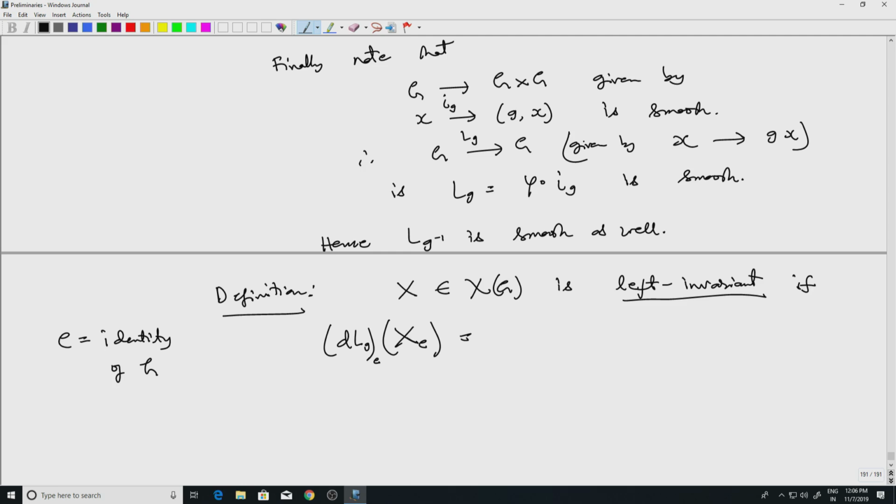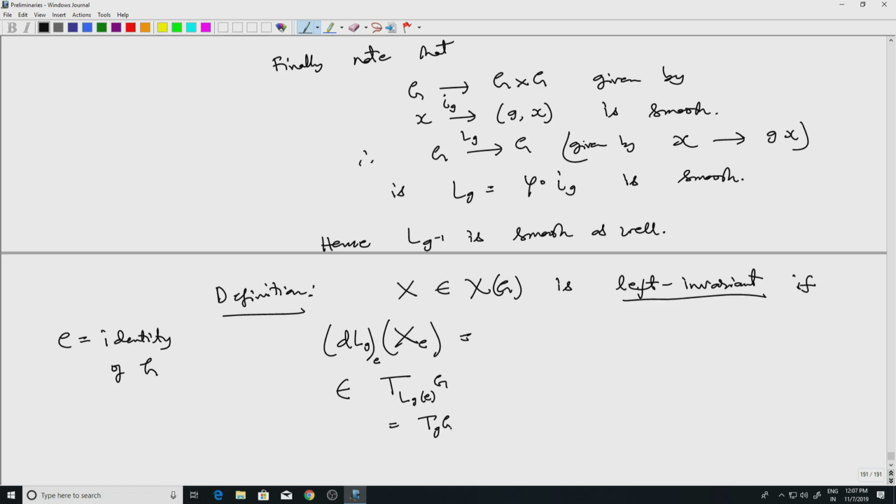So when I do this, it will give me a tangent vector at g times L_g acting on e. But L_g acting on e is just g. In general, this would be an element of the tangent space at L_g(e) of G, and L_g(e) is just g itself.